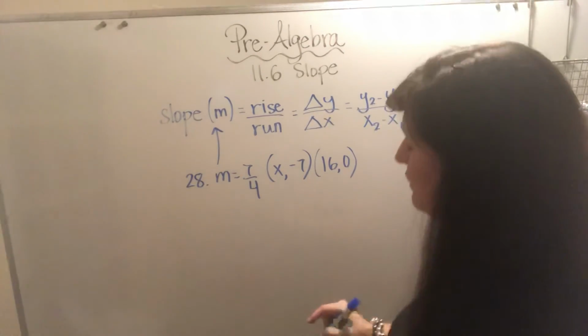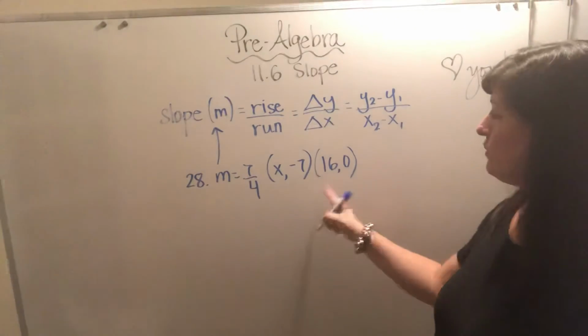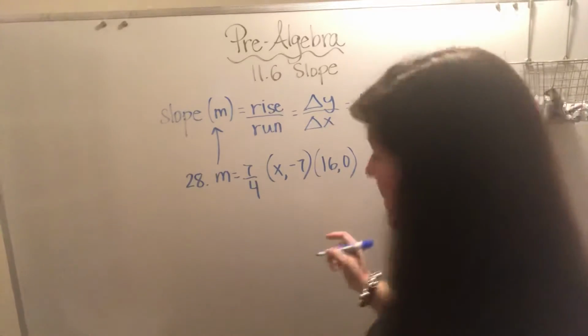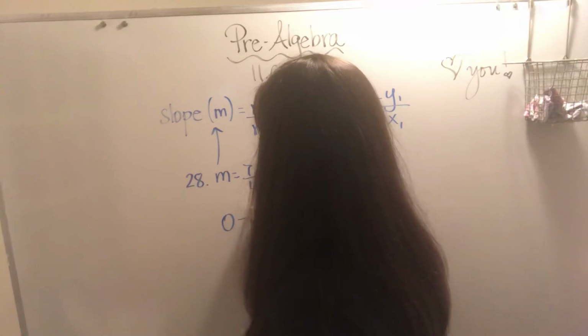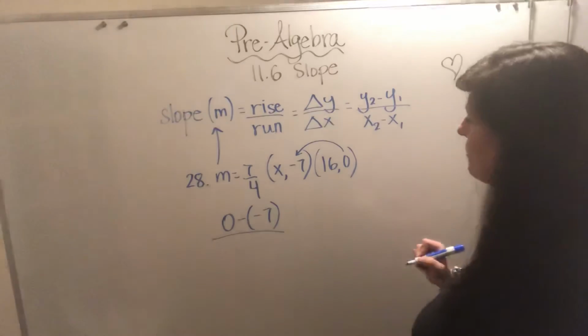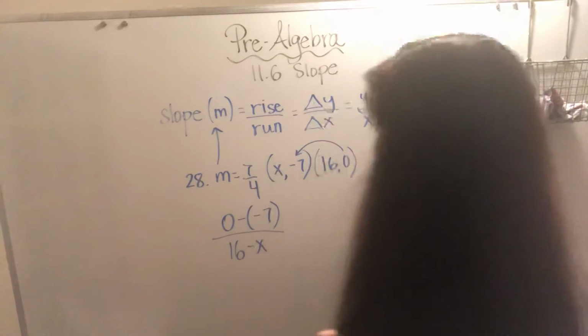And the slope of those two points is 7/4, okay? So what I'm going to do is use those coordinates and plug them into my equation. So I have 0 minus 7, and here's where you have to be careful with your signs, and 16 minus x.